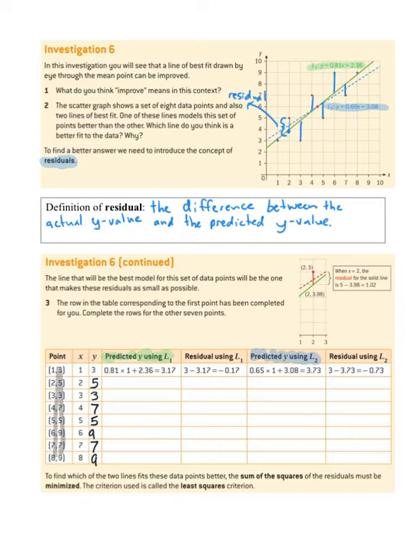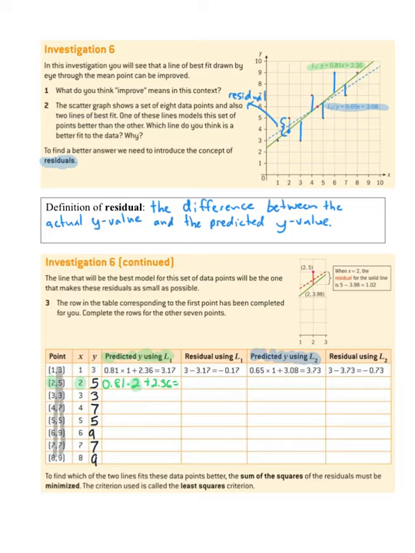So this one would be, I'll do it in green for consistency, 0.81 times 2, and that 2 is the x value, plus 2.36, and then we'll get a corresponding y value.